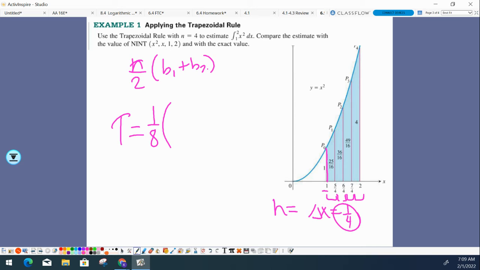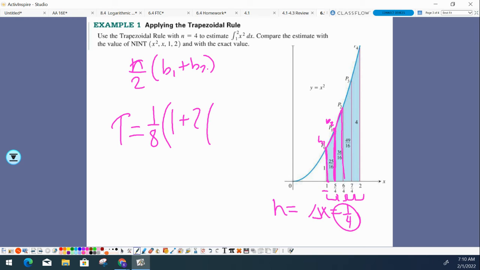Then I need this base 1. If I plug 1 into x squared, I get 1. Plus, I'm going to double my middle because this trapezoid here, this 5/4, which I plug into x squared, I get 25/16. This is base 1, this is base 2. When I move to the second trapezoid, this is doubling up as base 1 for the next one.